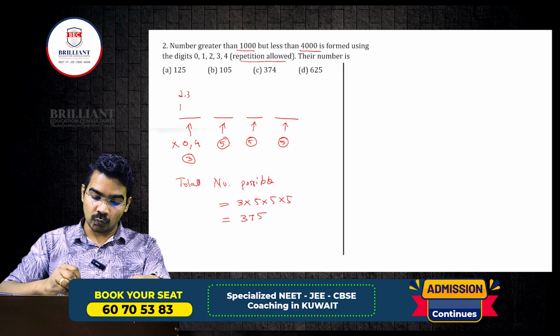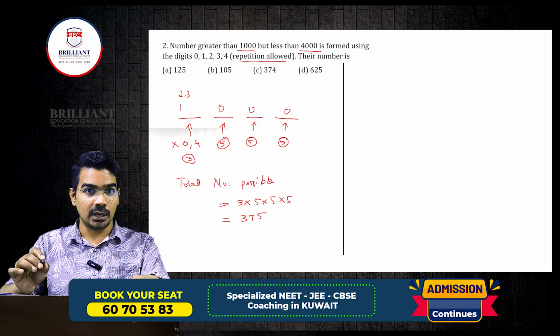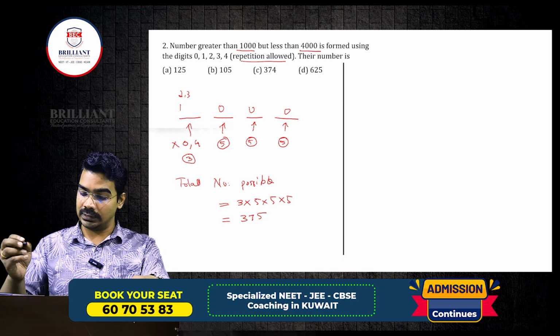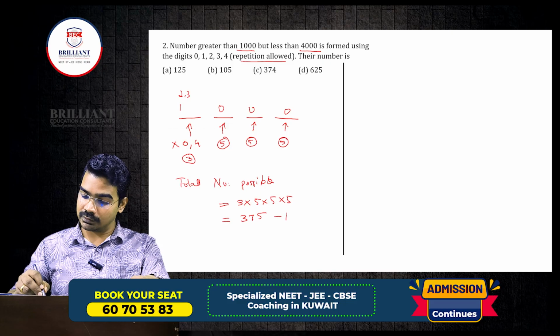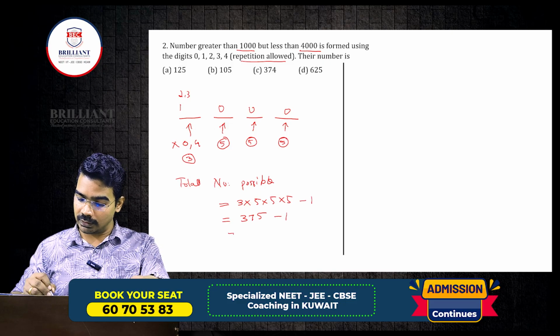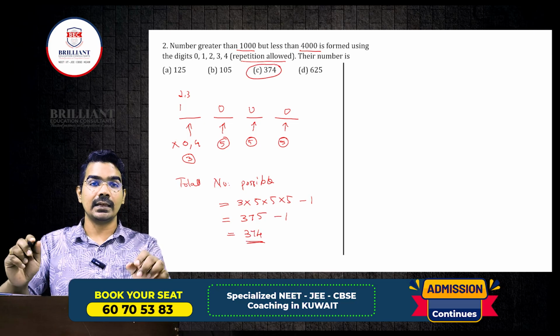When you use 1, 0, 0, 0 can come. But the condition says the number should be greater than 1000. So one possibility, 1000, you have to subtract from here. Then the total number of possibilities is 374. So option C is the right answer.